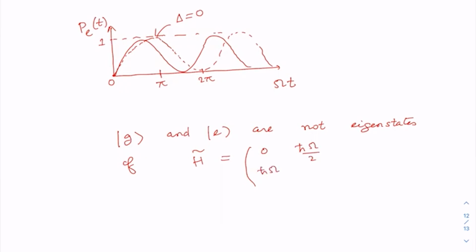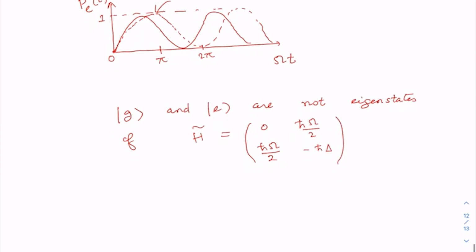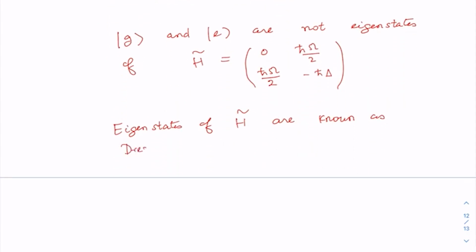So clearly kets g and e are not the eigenstates of this Hamiltonian. In fact, eigenstates of the Hamiltonian we can work out, and they would be different from kets g and e, and they are known as dressed states. Eigenstates of H tilde are known as dressed states.